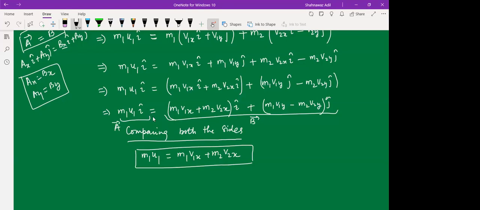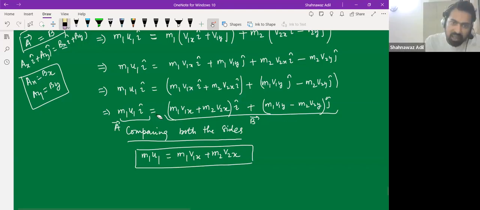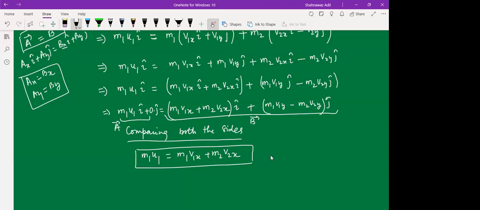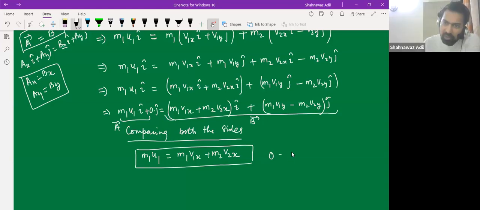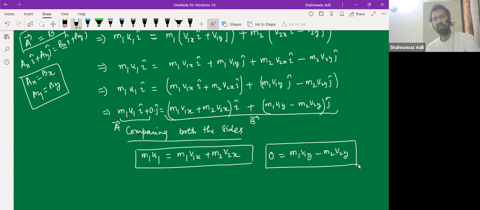No. So I can write this as 0 into J. So this would be 0 equal to M1 V1Y minus M2 V2Y. Is this part clear, everyone?